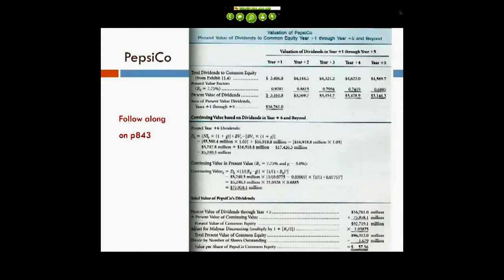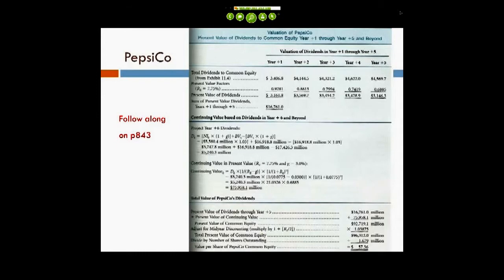Now we need to calculate the continuing dividend for Pepsi using our formula. You take the net income from year 5, a growth rate of 3%, so it's 1.03.